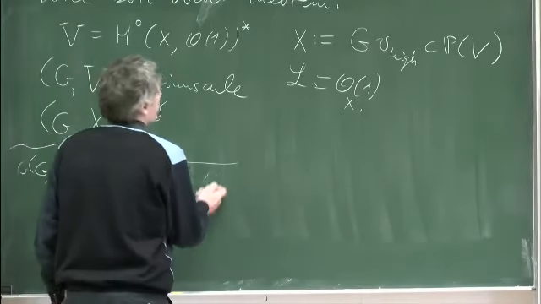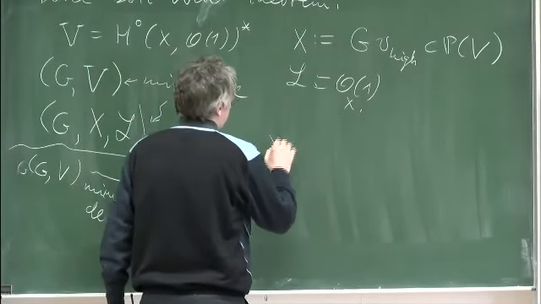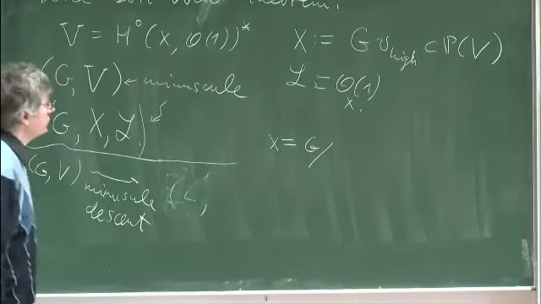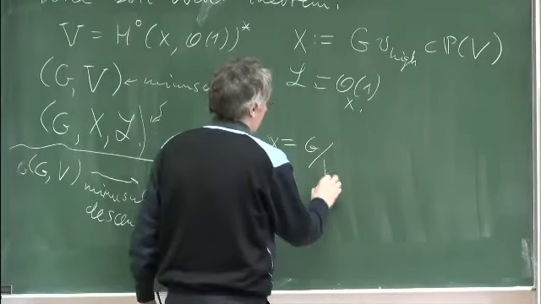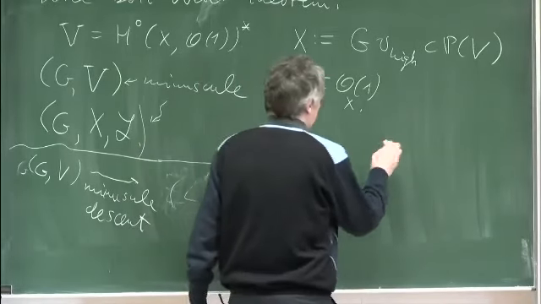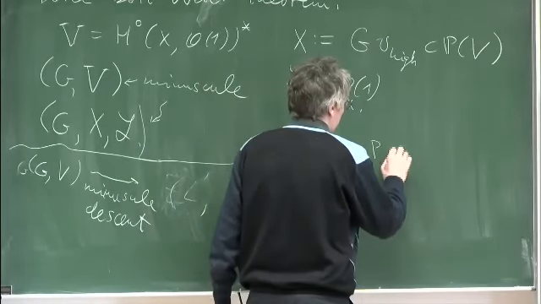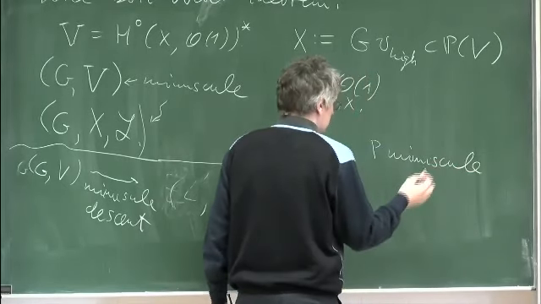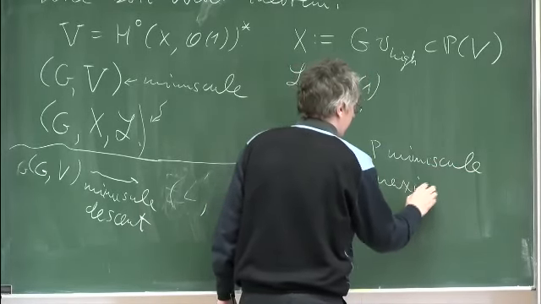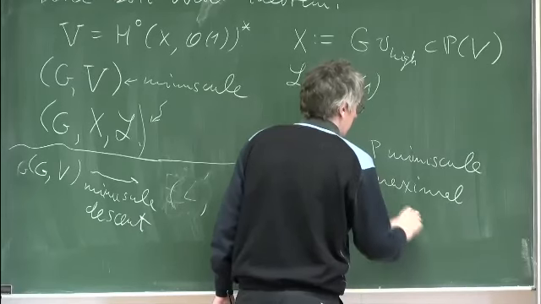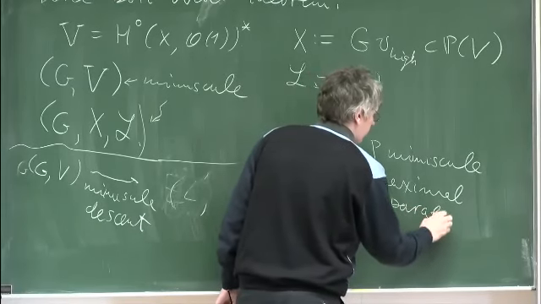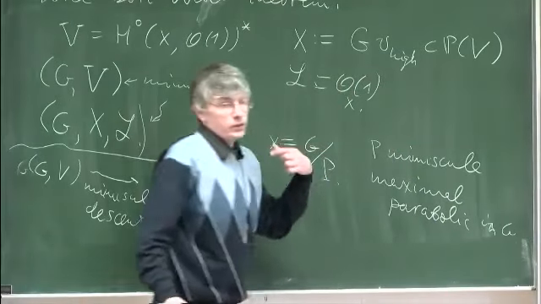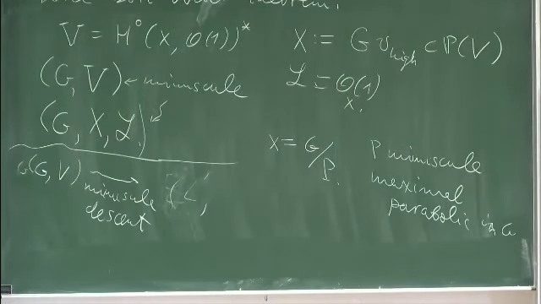Well, first of all, this X is a projective homogeneous variety, so it's a quotient of G by some parabolic subgroup P, which could also be called minuscule, and in fact it's a maximal parabolic subgroup in G. But again, not the other way around. It could be maximal but not minuscule.